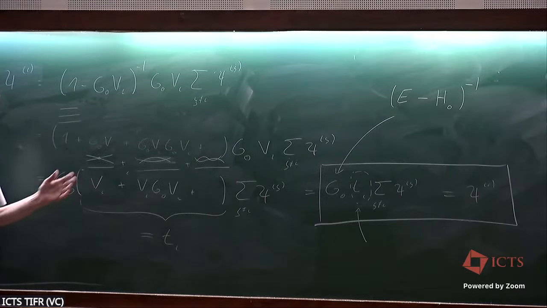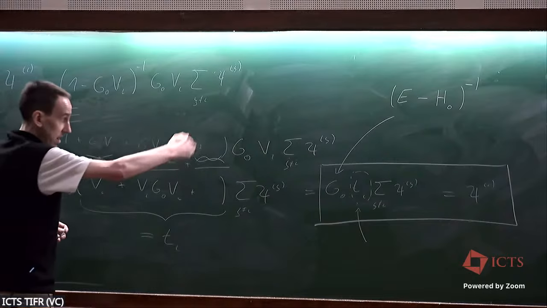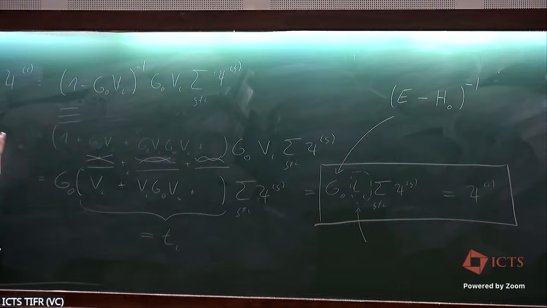So they are all equally important. So I can't truncate that series at any point. So I sum it up, and I interpret it as a geometric sum and write it like that. And now, what I'm doing there, each of these terms is a complex function of the energy.